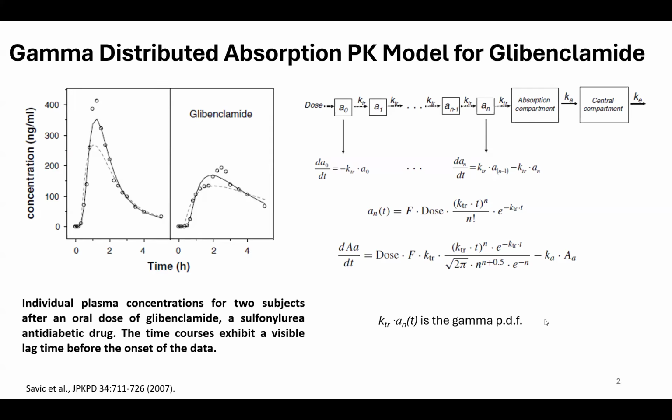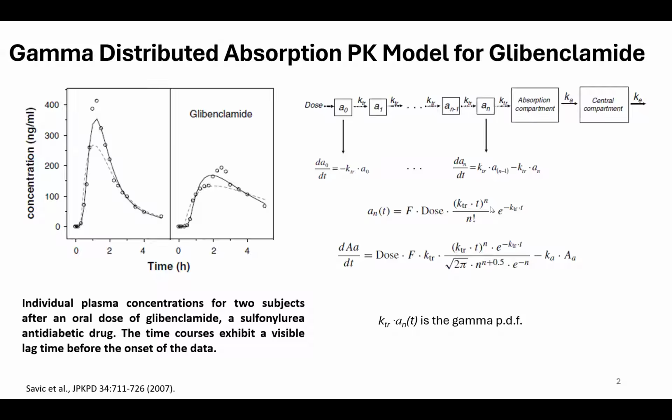I use that example because when you code this model, when you have the sequence of transit compartments, you end up with the input to the absorption compartment being described by this function. This function is actually a gamma probability density function with the integer shape factor, and the purpose of this paper was to try to estimate that integer number.